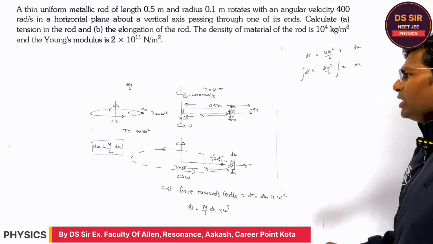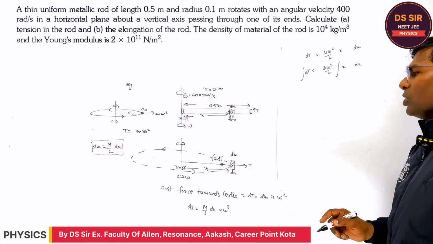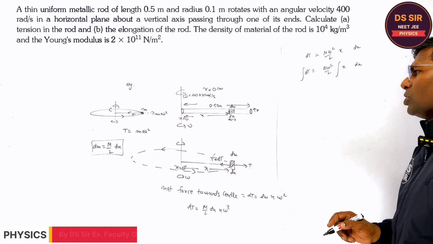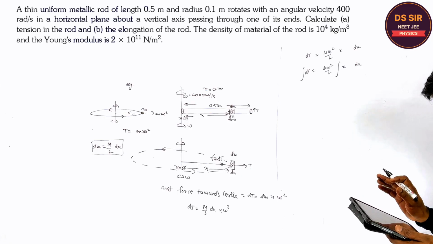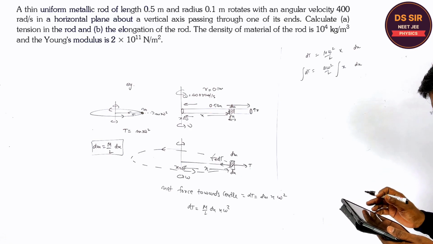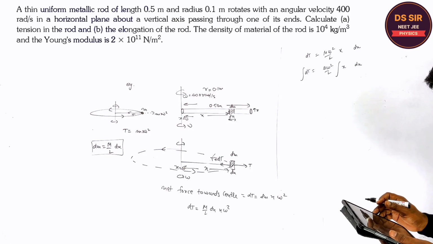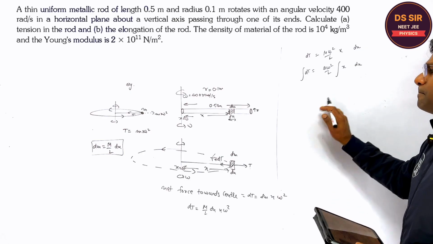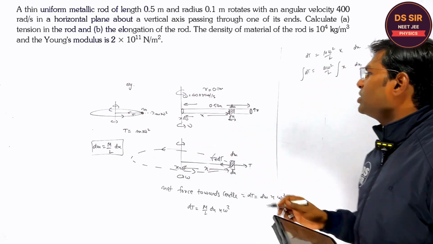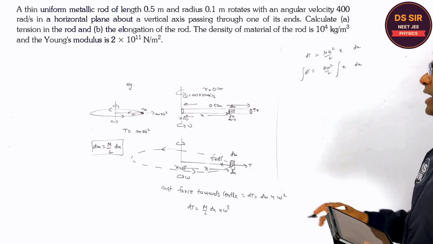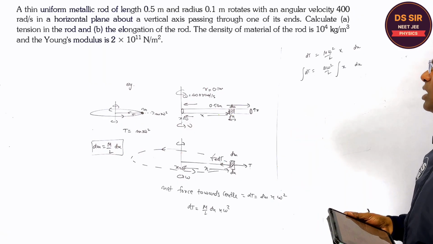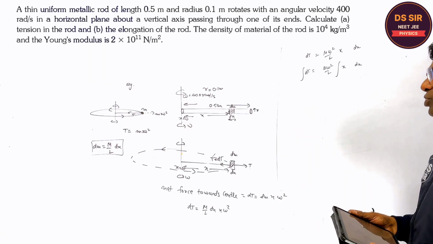So now the tension from here to here you have to find. What is the tension as a function of x? The tension in the rod at a distance r, at distance L. Listen one thing. At x is equal to 0, the tension is maximum, and at x is equal to r, the tension is 0.